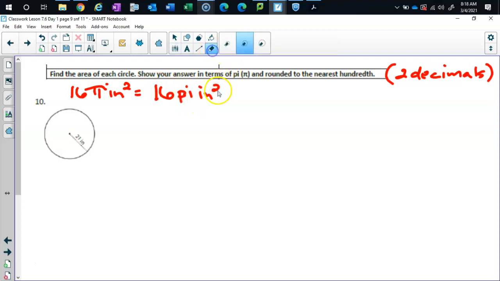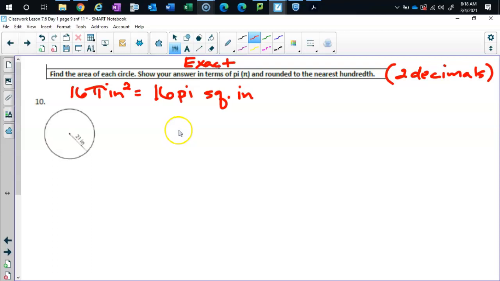Well, you can't type inches squared either. You would have to type square inches. So that's how you're going to type it into the Edpuzzle. So first thing I want you to do, find the area of this circle in terms of pi, which means the exact answer. Go.